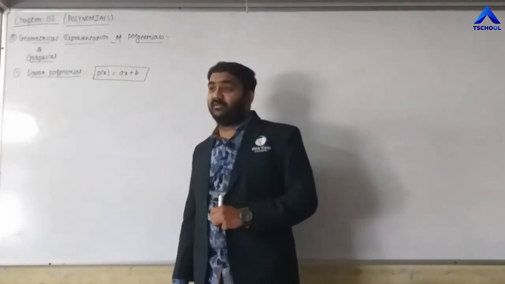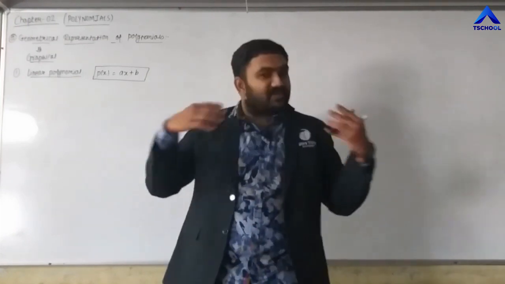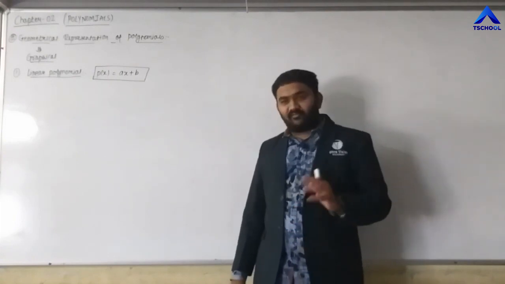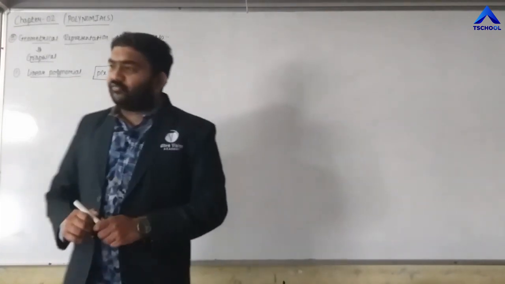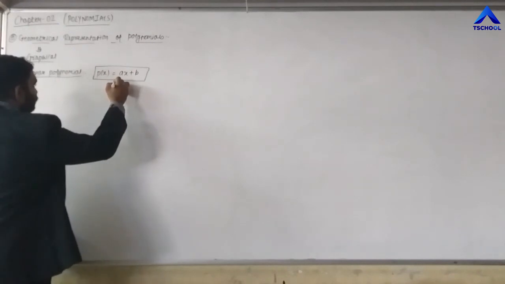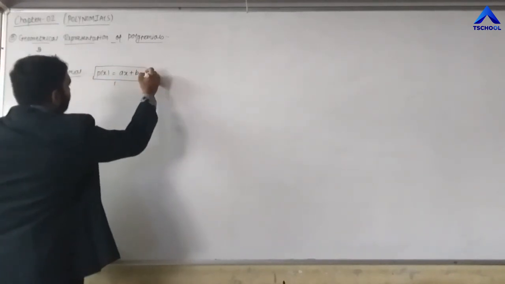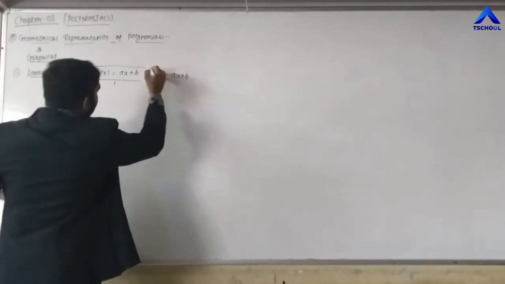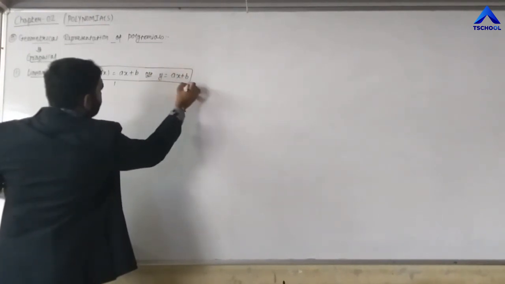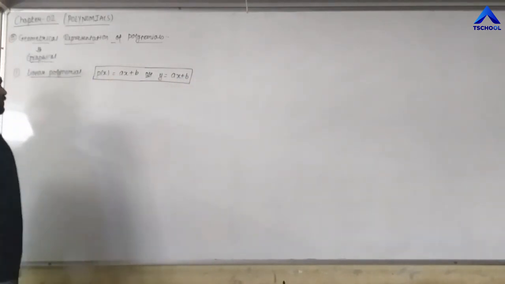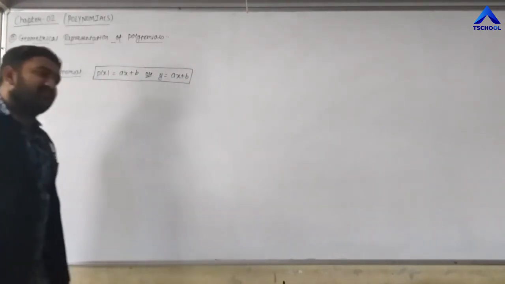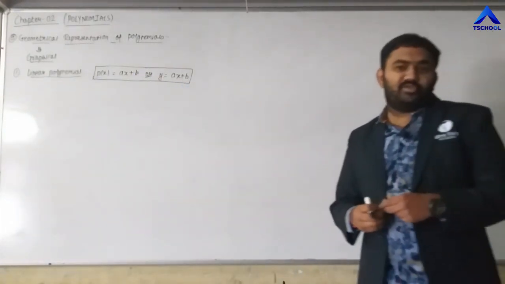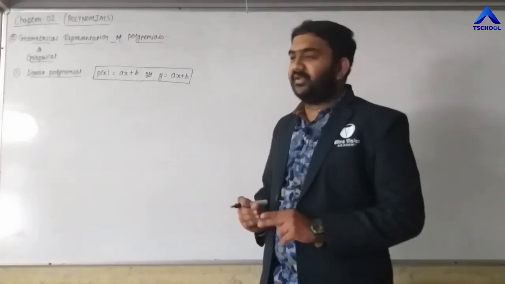Note that the variable y has its coefficient 0, so that is not present here. So that is again a linear polynomial for us. Let me write down this polynomial as y equals ax plus b. If I write it as p of x equals ax plus b, or if I write it as y equals ax plus b, both are correct. It is not wrong here.